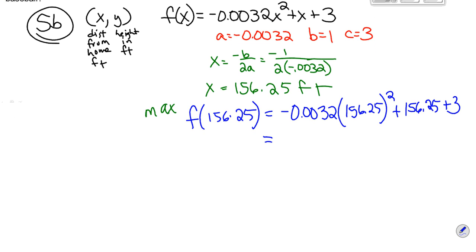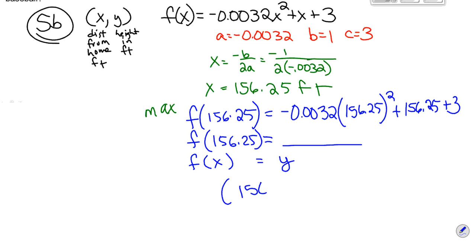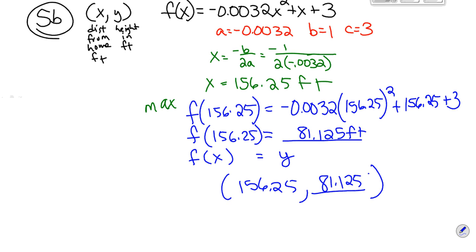I'll write a few things to set up my answer. And if you've tried that, you should have gotten 81.125 feet. And we want to be able to give a meaning to this.